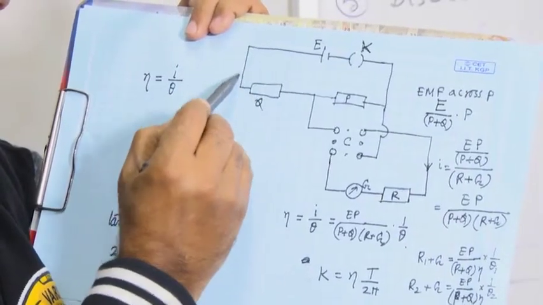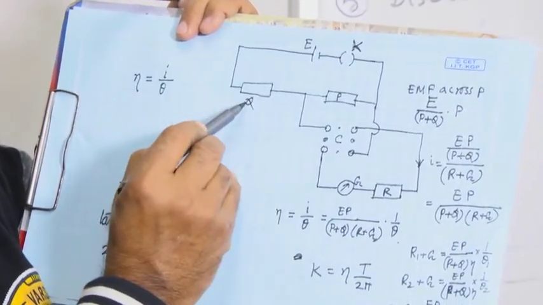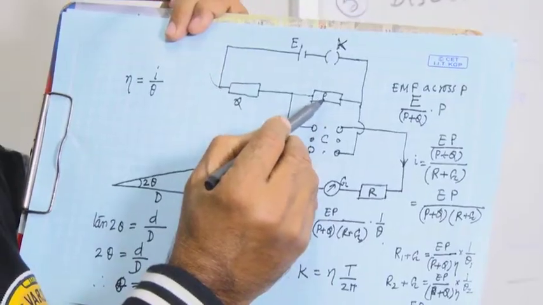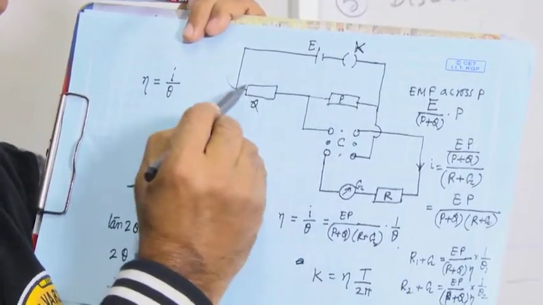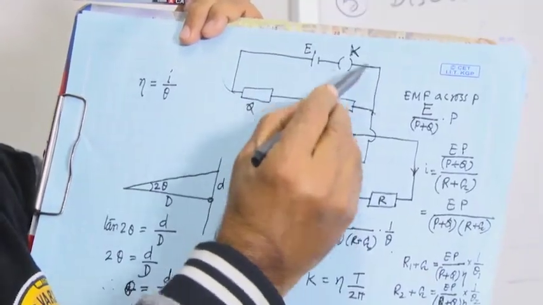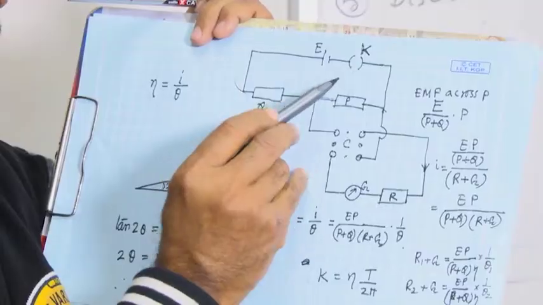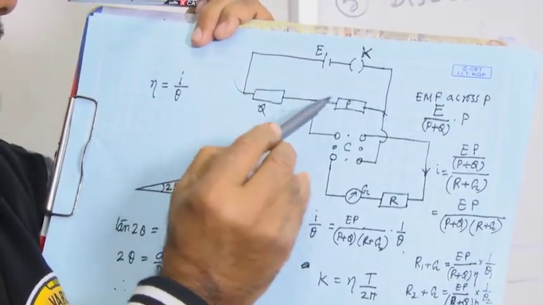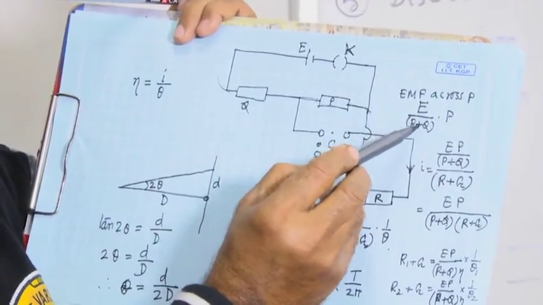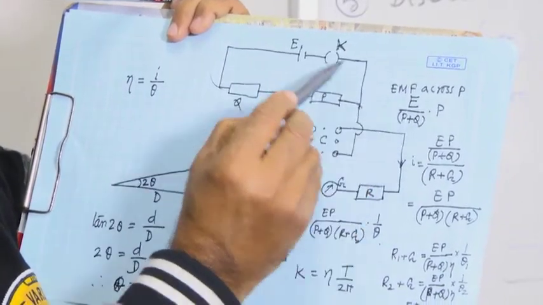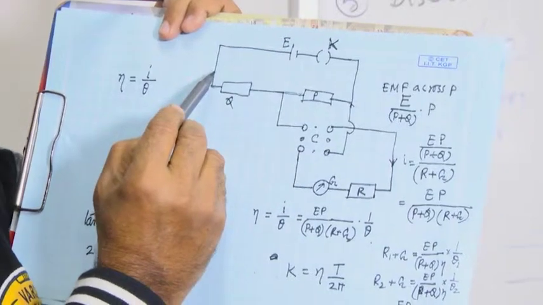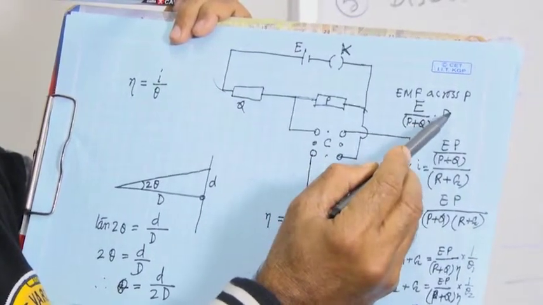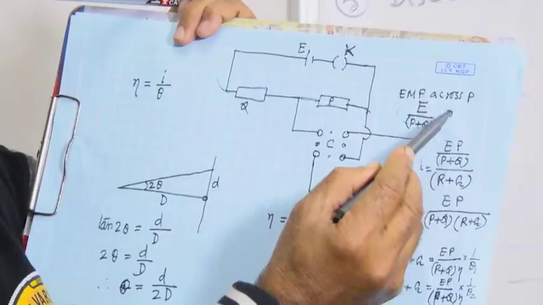The battery is connected in series with a resistance box Q and another resistance P. The current flowing through this circuit will be E divided by the total resistance, Q plus P. The voltage drop across the resistance P will be I into P.